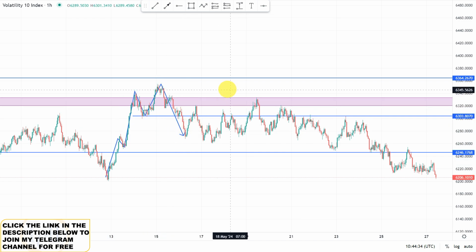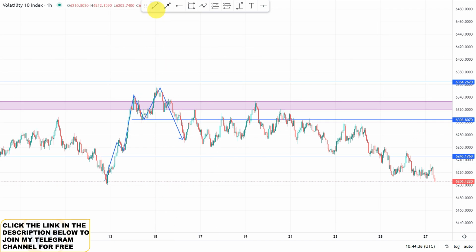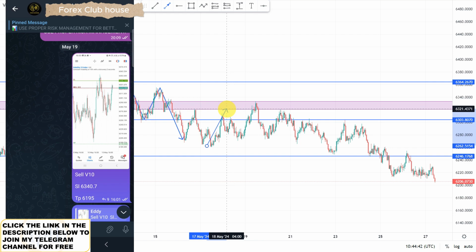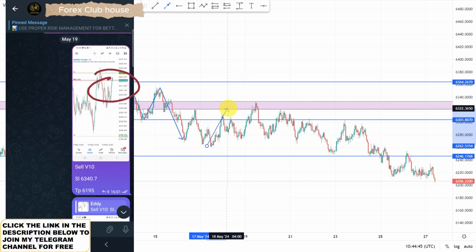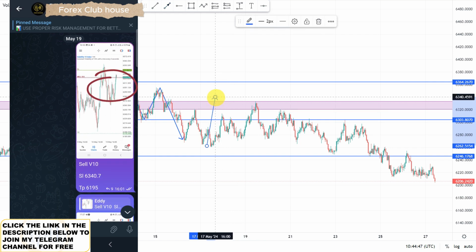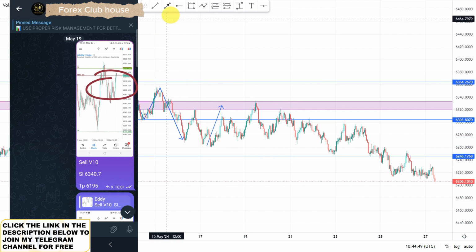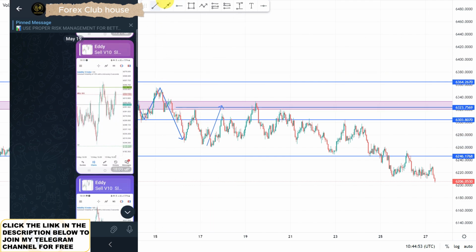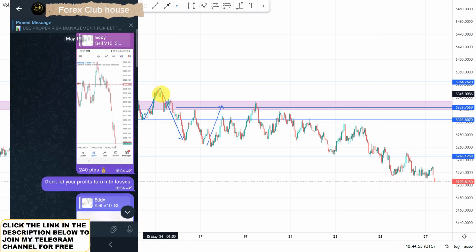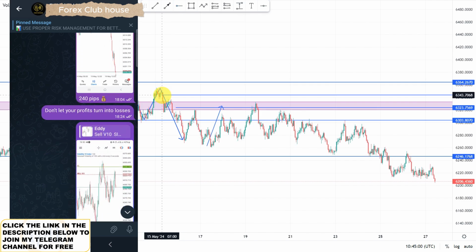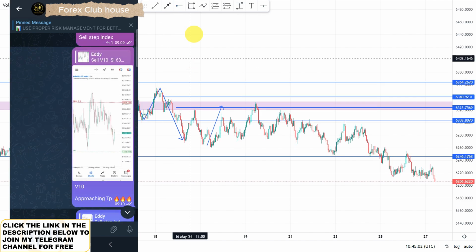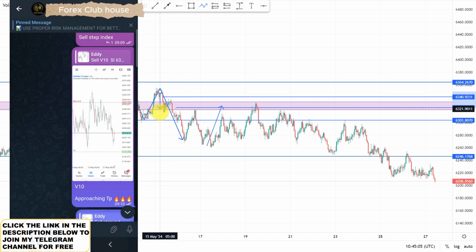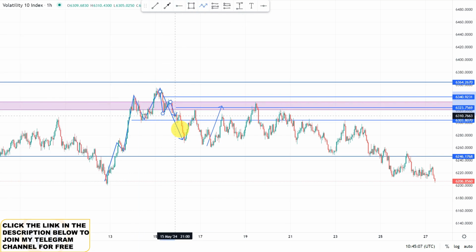So what we did is we waited until the market came to retest to this point right here, and this trade was entered on the levels of 63.23, around these levels on a retest, and the stop loss being just above the most recent lower low of this market right here.